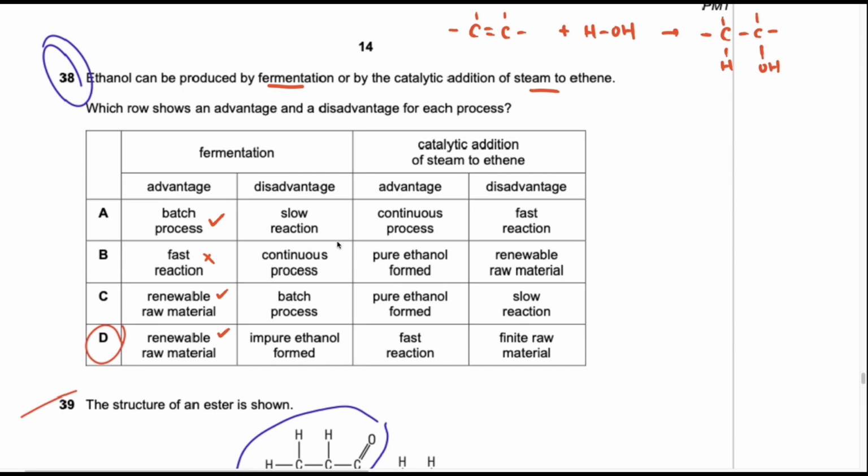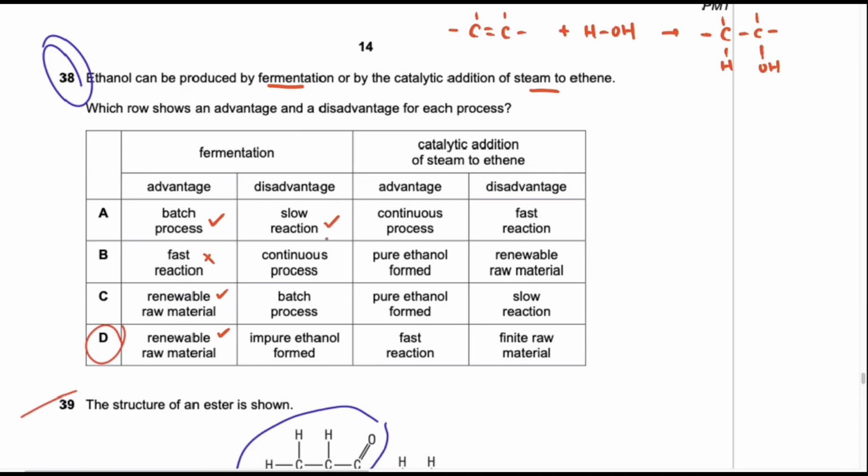For example, you take 50 containers, and then you put carbohydrate in the 50 containers, and then you put yeast and you cover it. That is one batch. Then you label it: this batch is done in the year 2000. Then next year you do it again and label it year 2001. So it's a batch process.